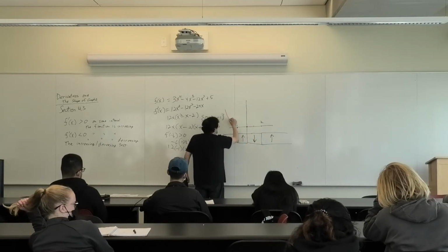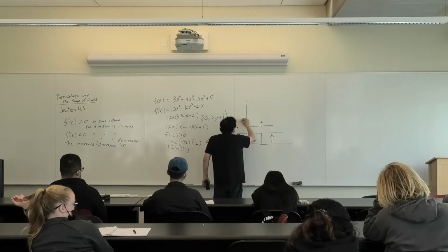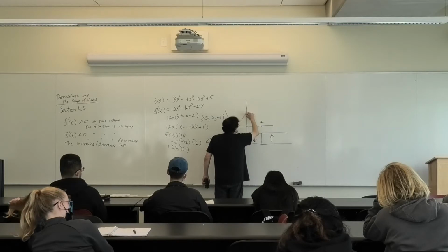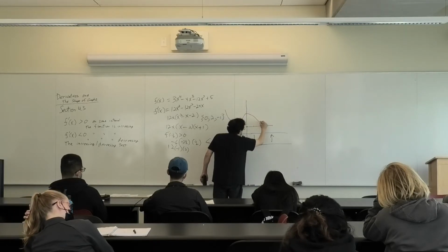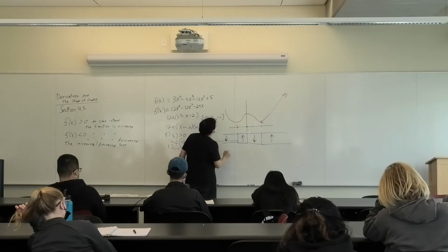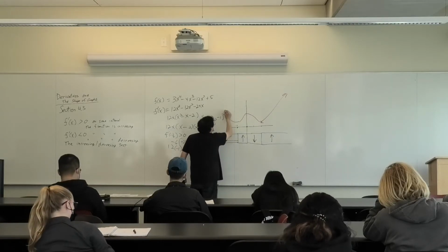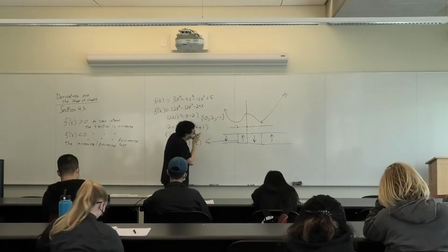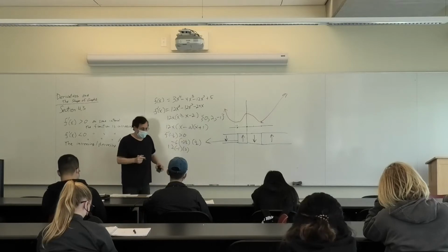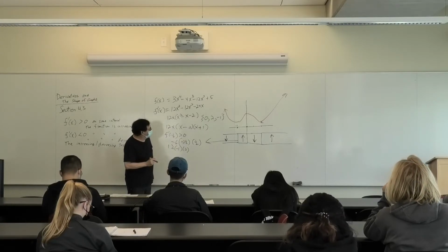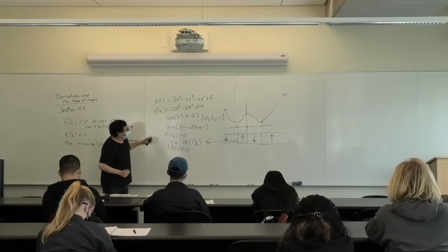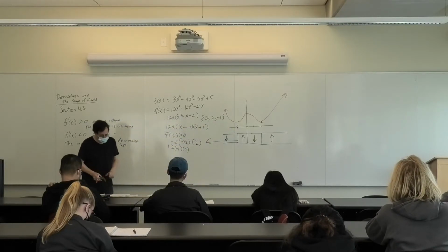We know it's going to come down, go up, go down, and go up. That's not what it looks like, that's just the rough outline. And we're learning this by looking at the derivative.